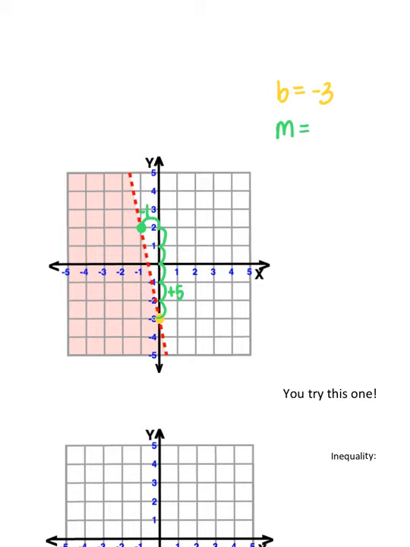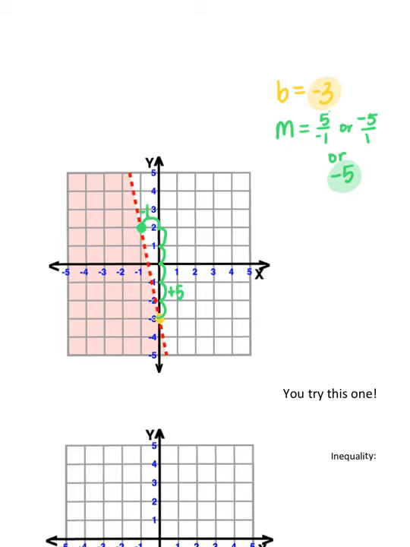That makes it -1. So let's write it this way: 5 over -1, or -5 over 1, or even just -5.